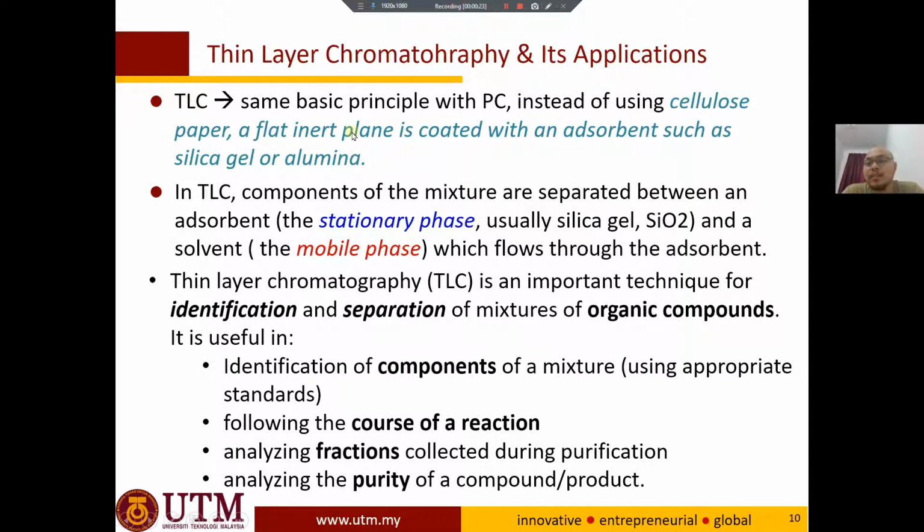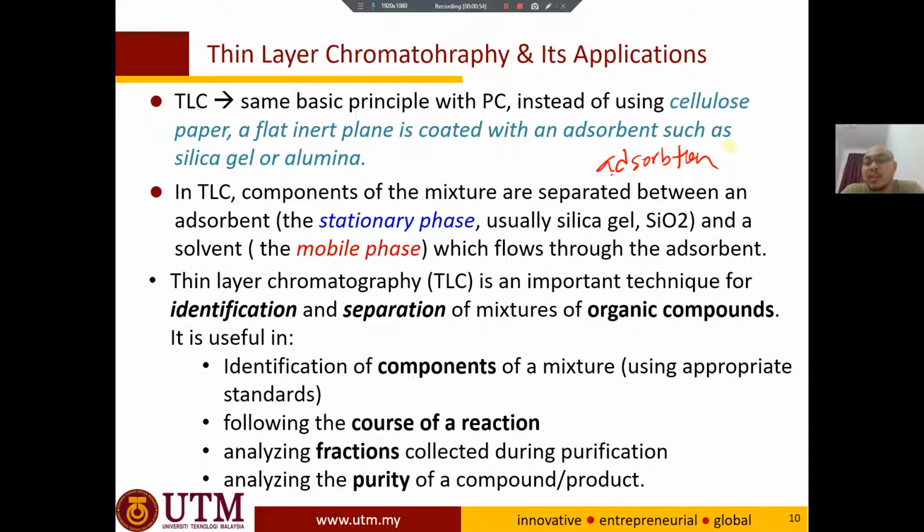The movement is between the mobile phase and the stationary phase, but the TLC is not partition chromatography. In the TLC, it is adsorption chromatography.